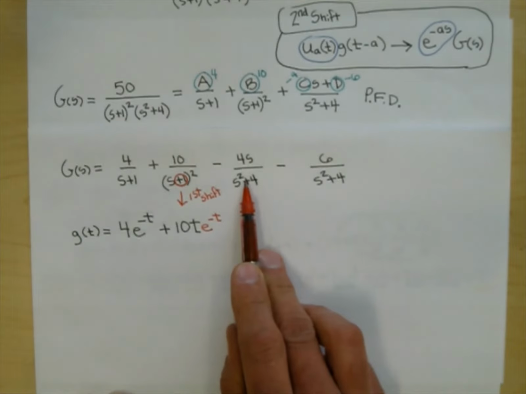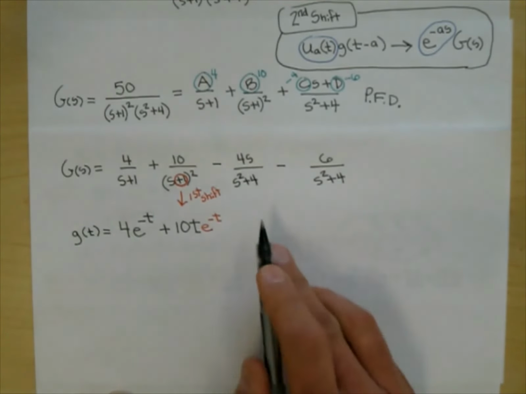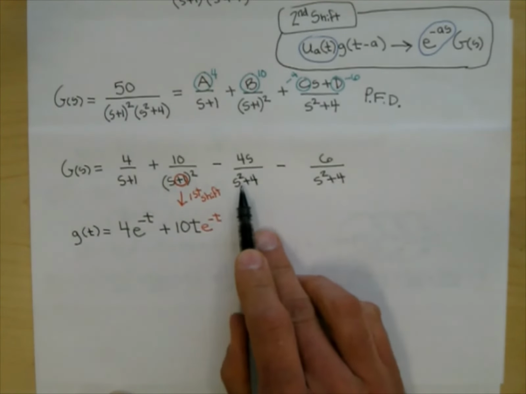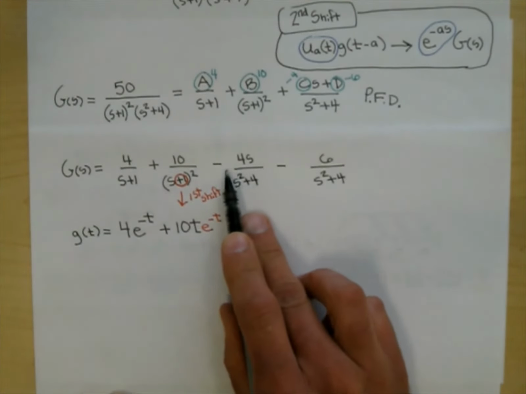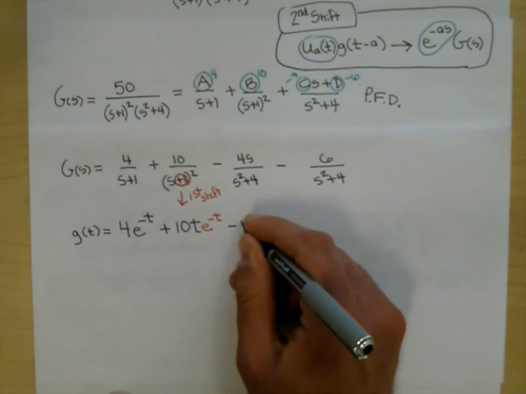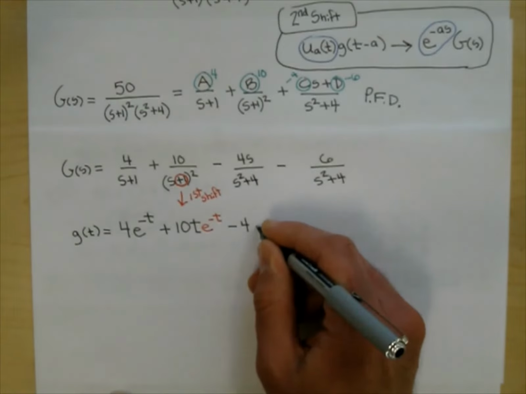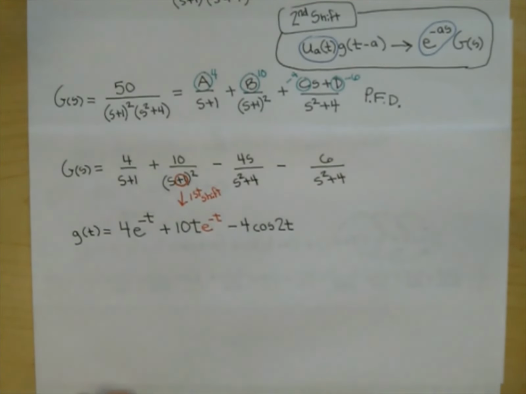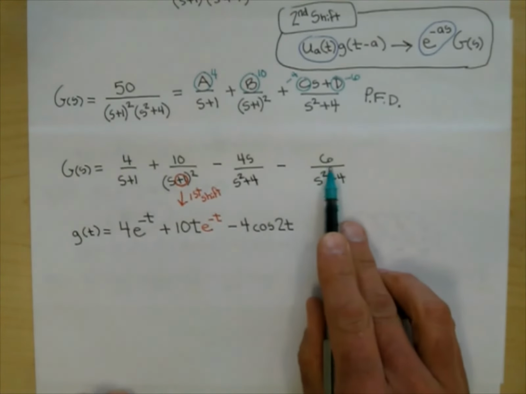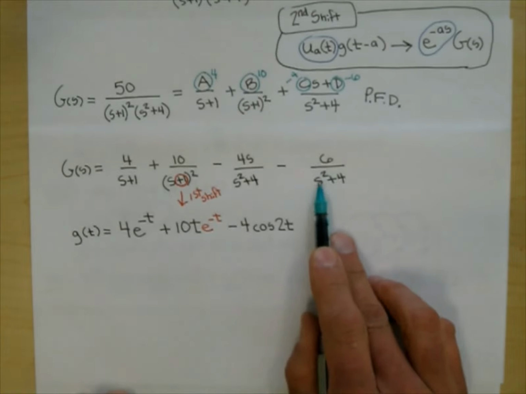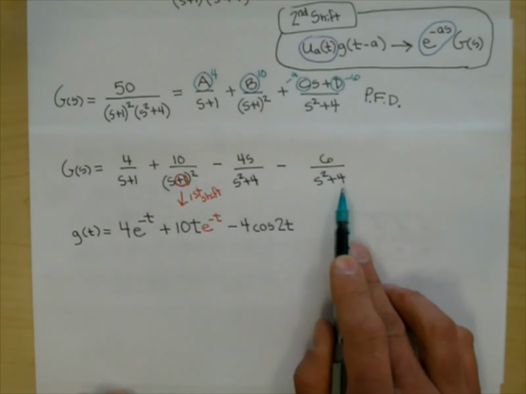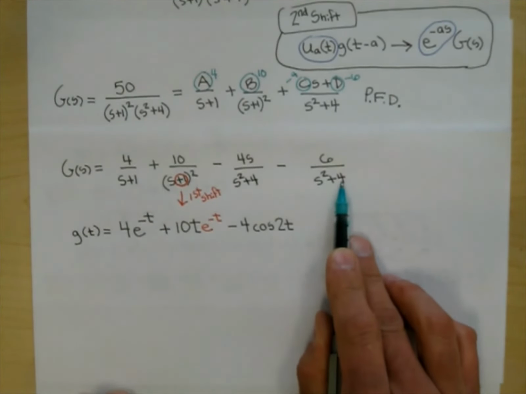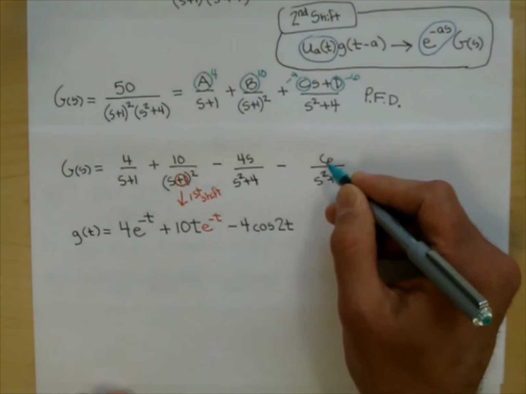Now we go over here. We have an s on the top and an s squared plus 4 on the bottom. I'm going to pull the negative 4 out front, and that's going to give me the cosine of 2t. Now this one right here doesn't have an s on the top, it has a 6. So this one's going to be the sine, and there's 4 on the bottom, so I need to have a 2 up top.